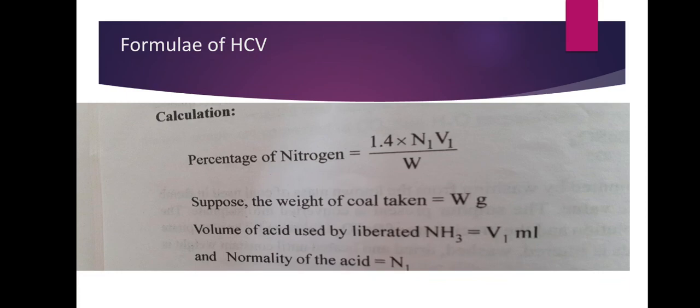Then the amount of neutralization done by ammonia is 25 minus 15, that is equal to 10. So that is the difference in volume, and big W is the weight, the amount of coal sample originally taken. So in this way we find out the percentage of nitrogen.